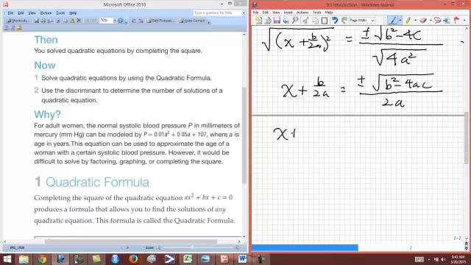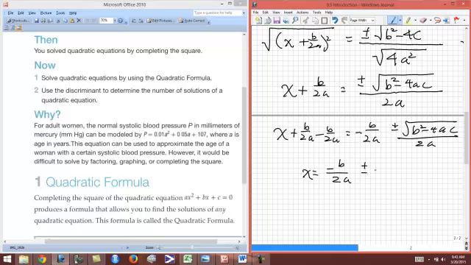So we get x plus b over 2a minus b over 2a equals minus b over 2a plus or minus the square root of b squared minus 4ac all over 2a. So x equals negative b over 2a plus or minus the square root of b squared minus 4ac all over 2a.